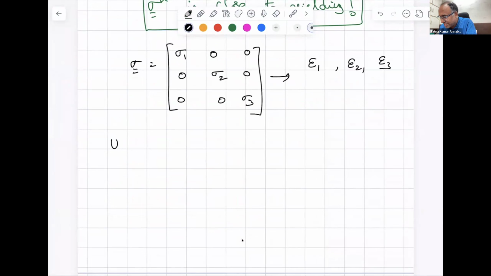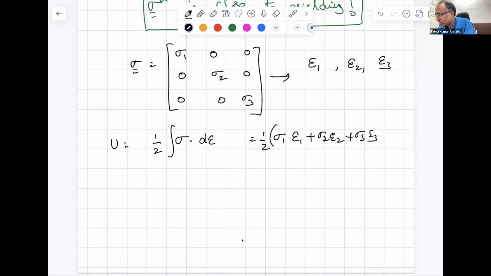Then the strain energy can be written as 1/2 integral sigma dot d epsilon, which will become sigma 1 epsilon 1 plus sigma 2 epsilon 2 plus sigma 3 epsilon 3. That is your total strain energy.